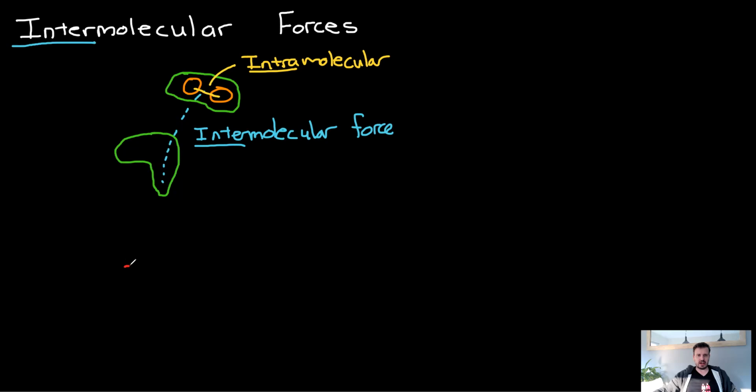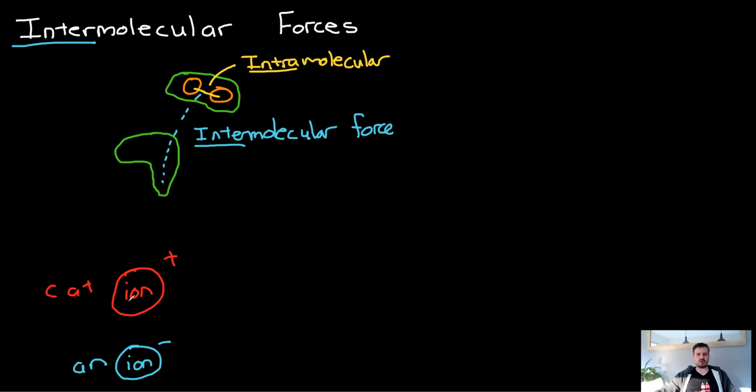Because we know that an ion, so this is an ion here, could either be a positive ion or it could be a negative ion. Okay, and so the negative would be an anion, and the positive would be a cation.